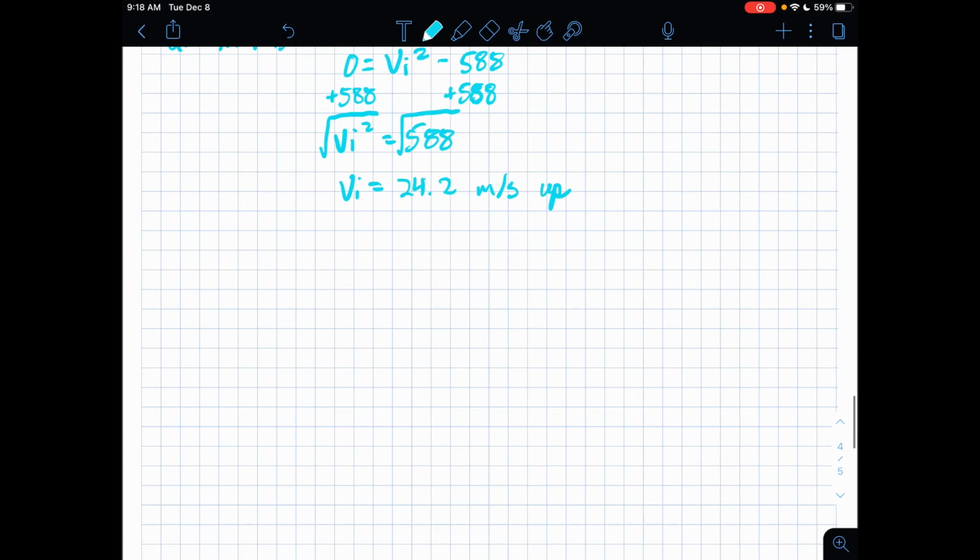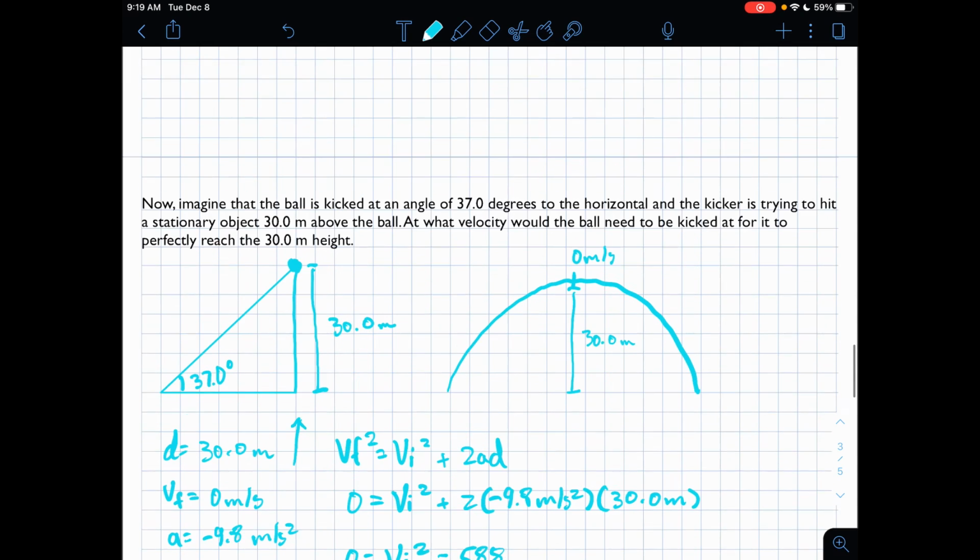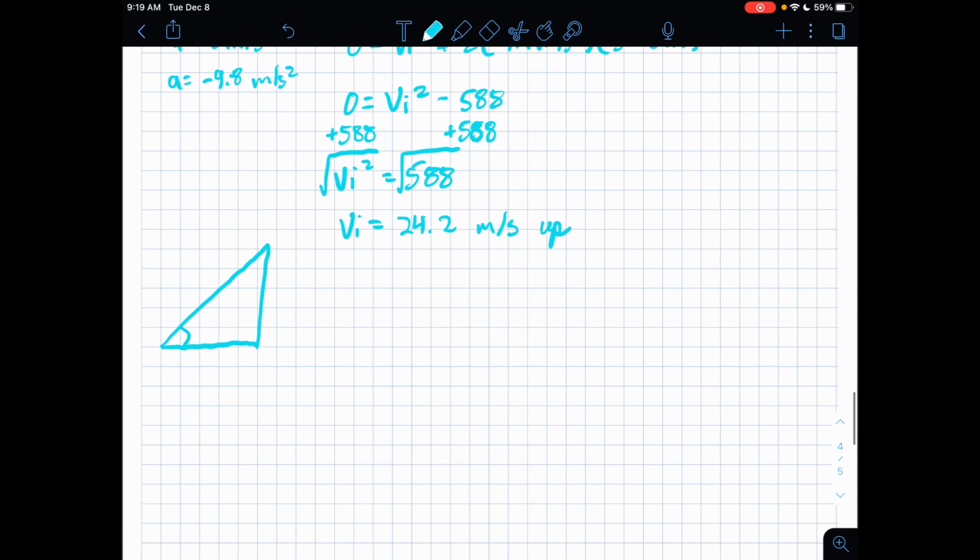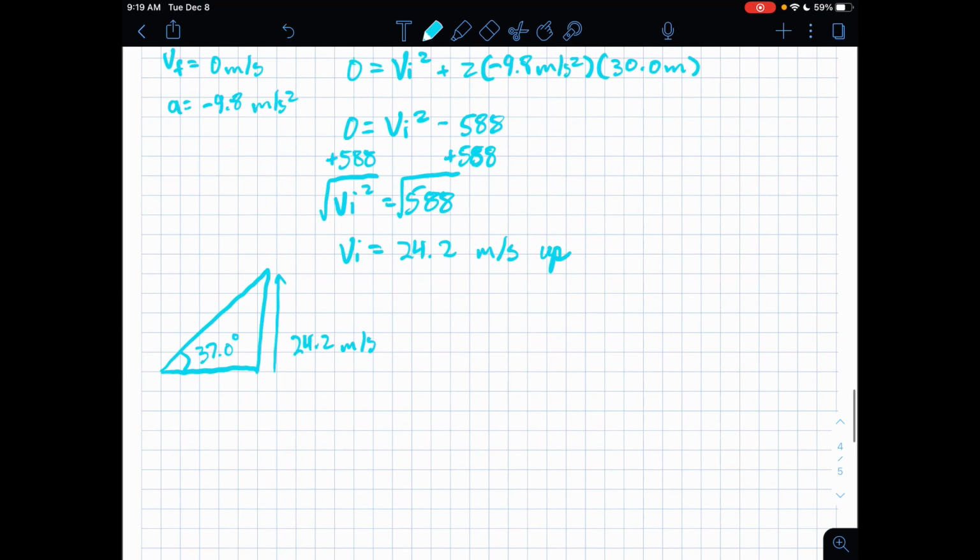So now that you have that, let's just quickly redraw the triangle again. It's kind of a crude drawing, but it's fine. That was 37 degrees. And now you have the initial vertical velocity, which is 24.2 meters per second up.